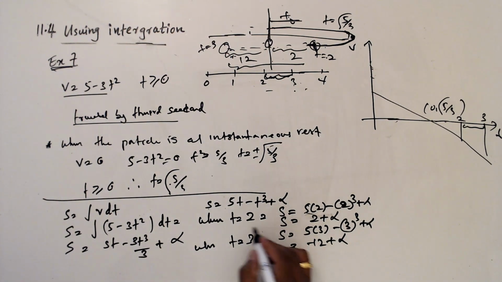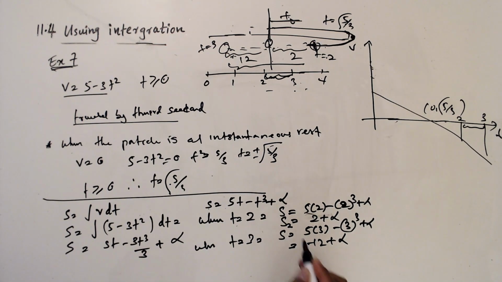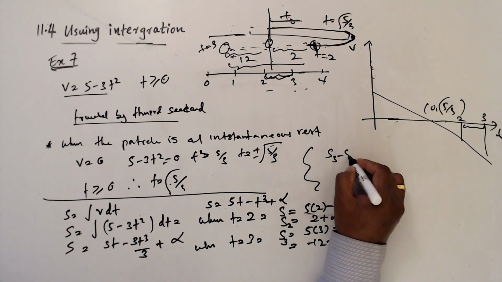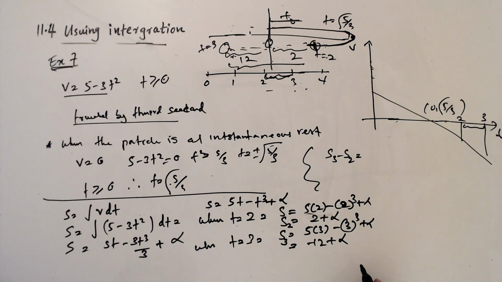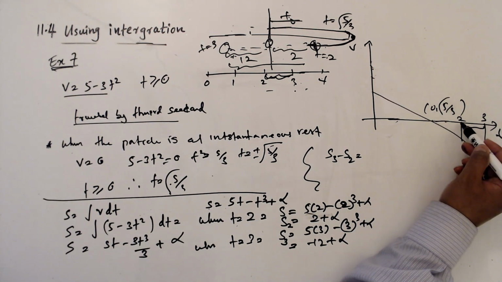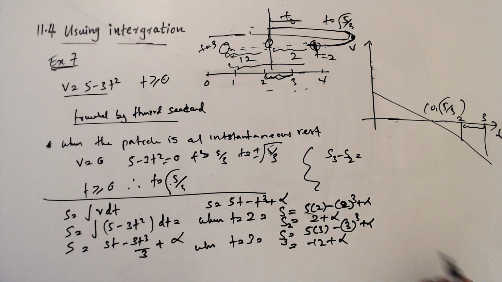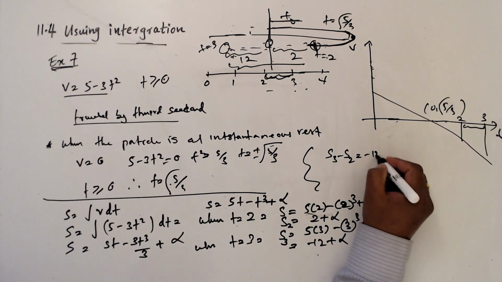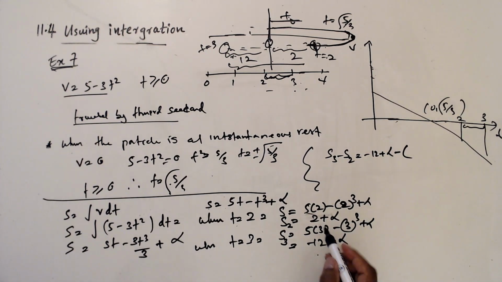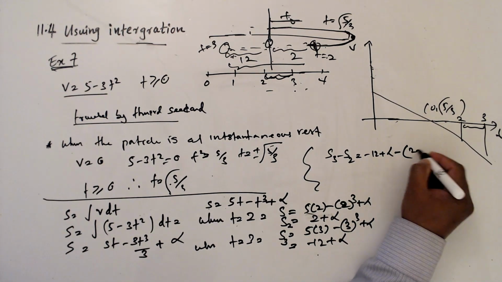I will take the distance when t equals 2 as s2, and this is s3. Then the difference we want to find is s3 minus s2, the distance traveled up to 3 minus the distance traveled up to 2. So s3 is minus 12 plus alpha, and then we minus 2 plus alpha.